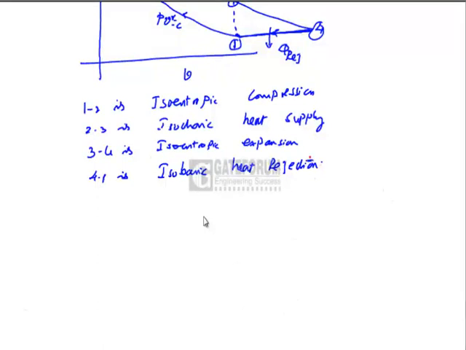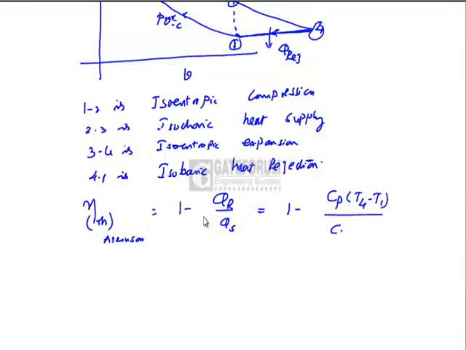Just like any other cycle, here also thermal efficiency can be calculated as 1 minus QR divided by QS. Heat rejection will occur at constant pressure, therefore Cp into T4 minus T1, divided by heat supply, which will occur at constant volume, therefore Cv into T3 minus T2.